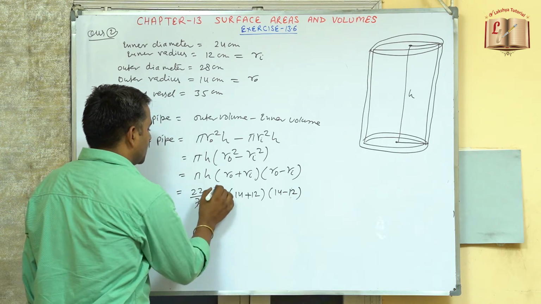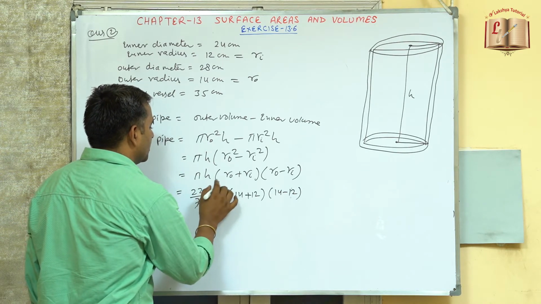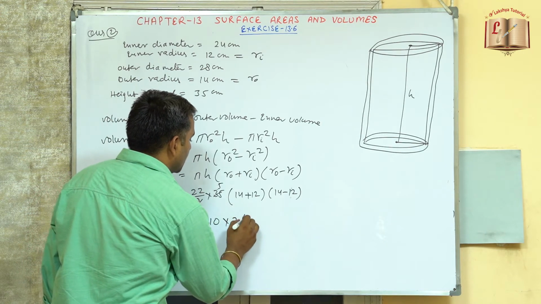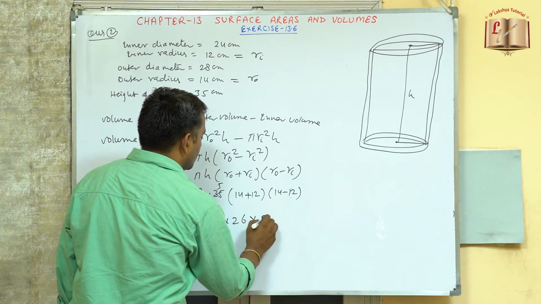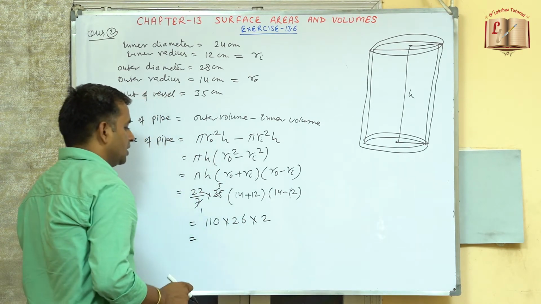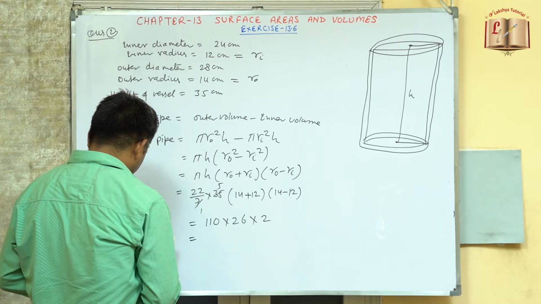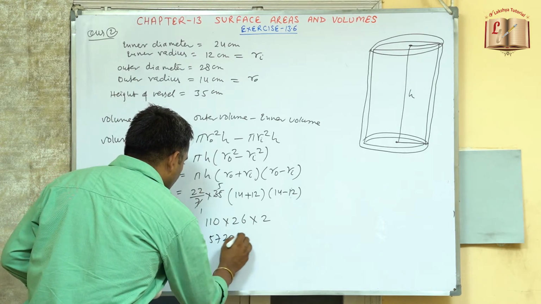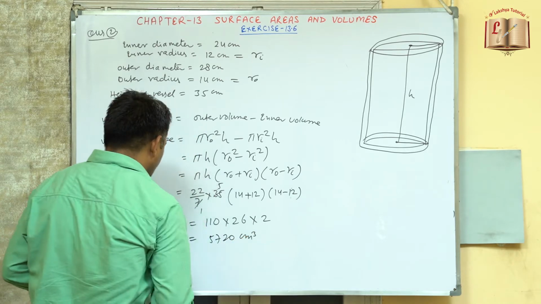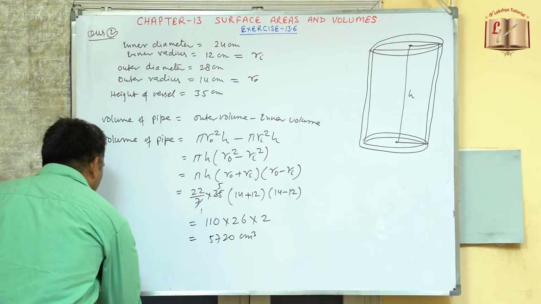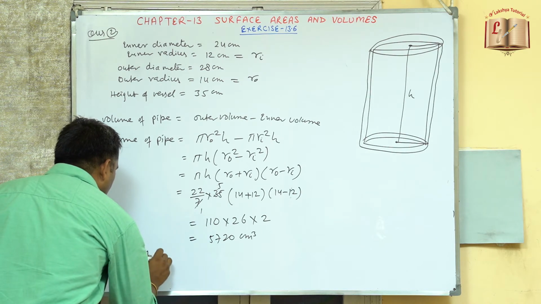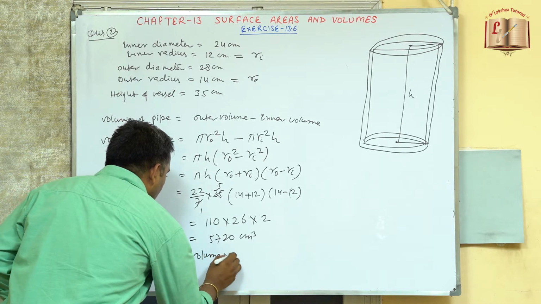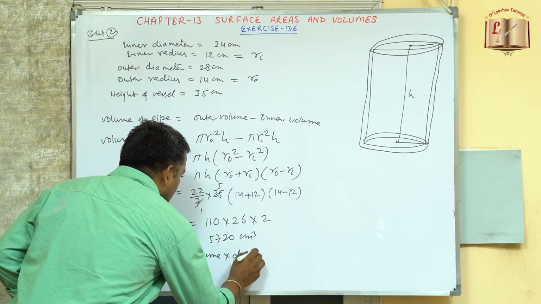So this is 1 times 5 times. So this will be now 110 into 26 into 2. So on multiplication we got this 5720 centimeter cube. Now the mass of the pipe will be equal to volume into density.